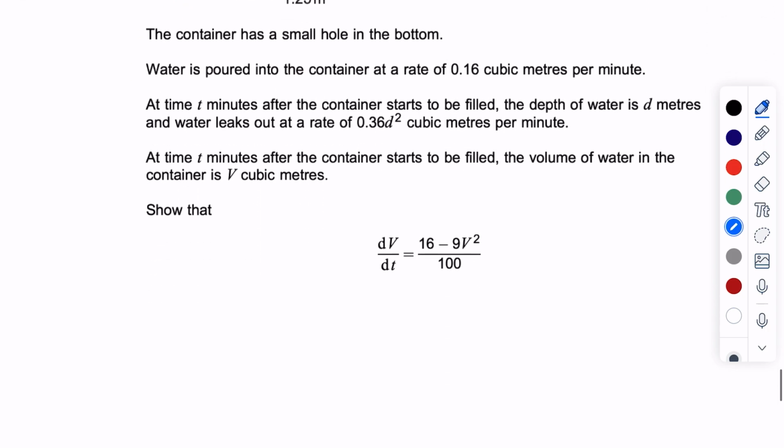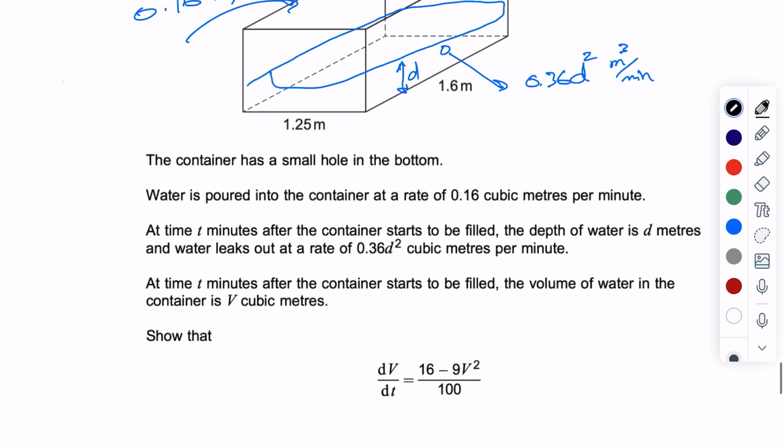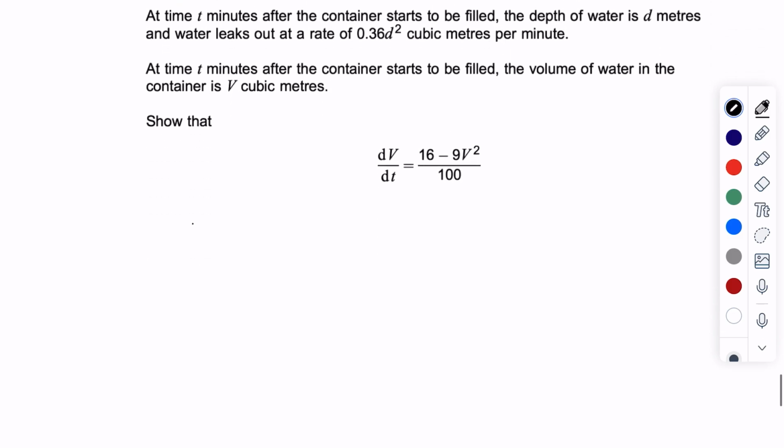Okay, so the way that we do that is we start by getting things in terms of volume. And so volume is equal to the width times the length times the depth. This is the volume of water.